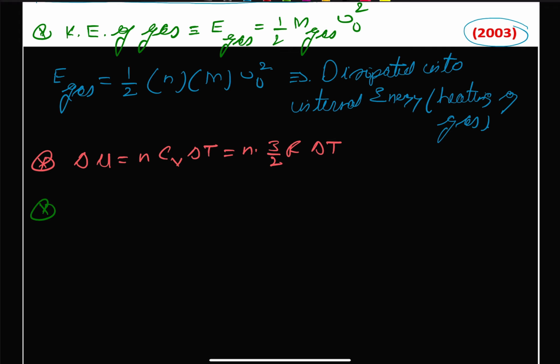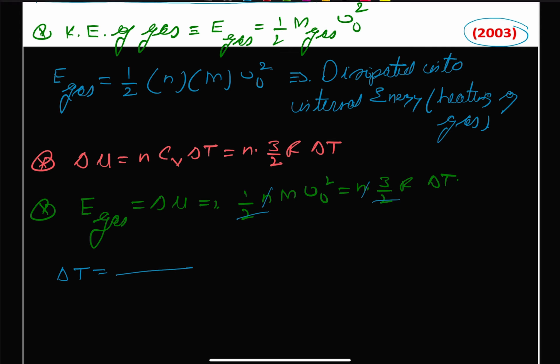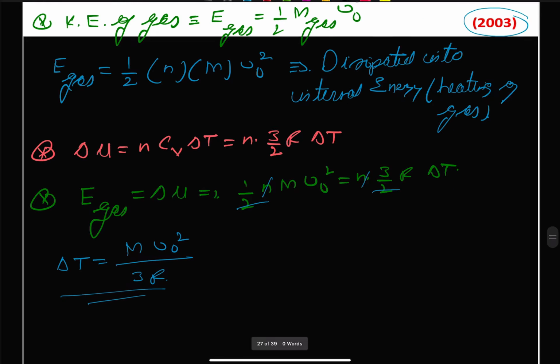So we can say that our E of gas will be equal to our delta of U. So we get this as 1 by 2 n times M V0 square is equal to n 3 by 2 R delta T. Here n and this 2 cancels out. We get our delta T will be equal to M V0 square upon 3 times R. So this is our rise in the temperature.